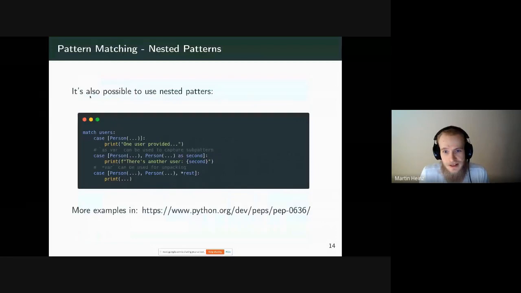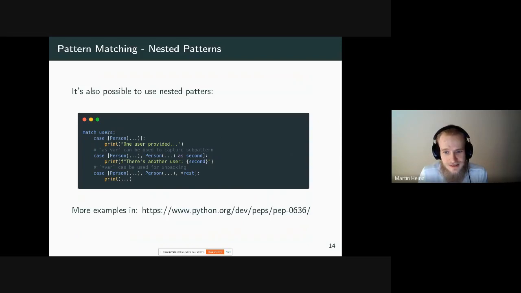And final piece for pattern matching is usage of nested patterns. So in case classes and iterables are not enough for your pattern matching, you can even nest them into each other.